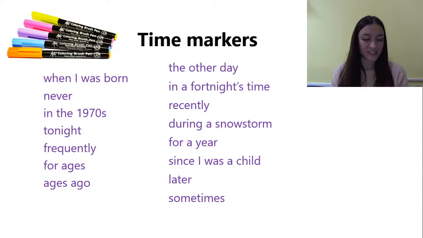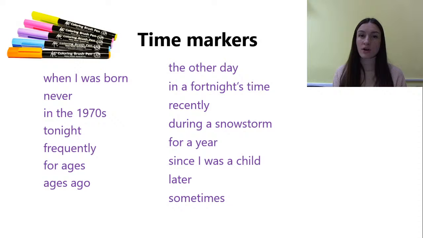Okay, so now, my friends, let's move on to the next part of our lesson. Look, when I was talking about my experiences, I said when I did different actions. So I used some time markers. Today we're speaking about tenses and time markers, which are special words that show us which tense we have to use.